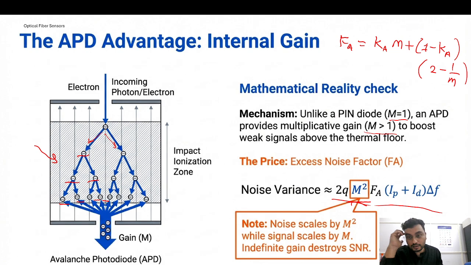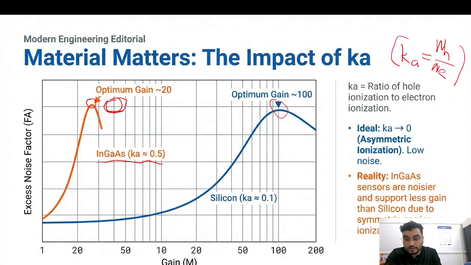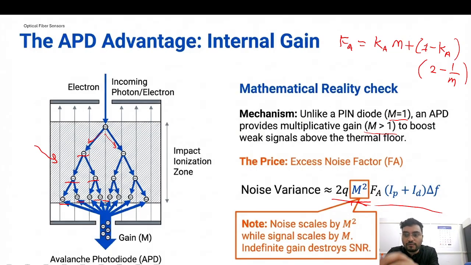So you can see here, if you are talking about Ka being 0.1 and 0.5, suppose we are keeping Ka as 1. What will happen, this particular part of the equation will become 0, 1 minus 1 is 0, and Fa will become m.